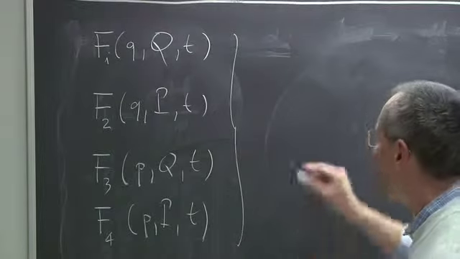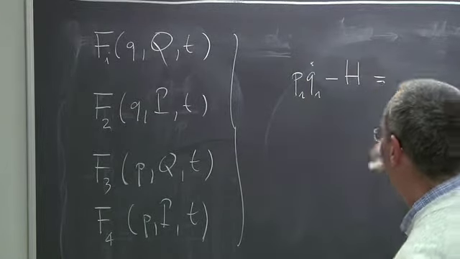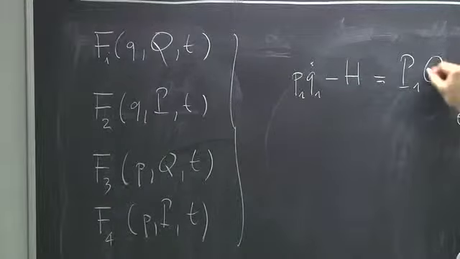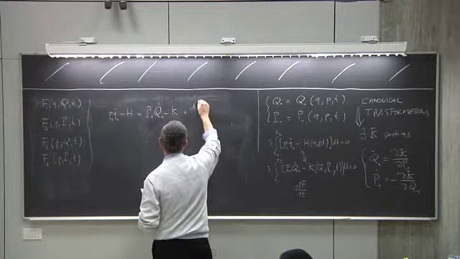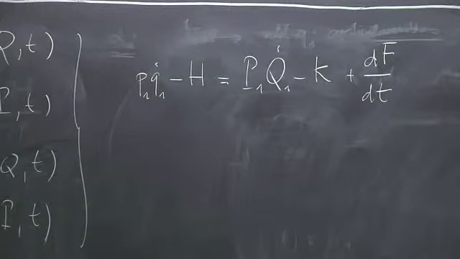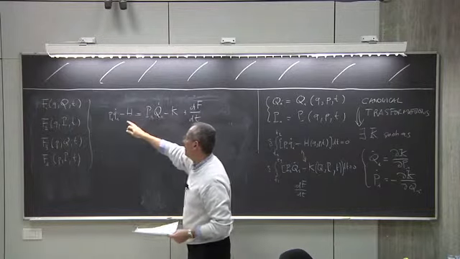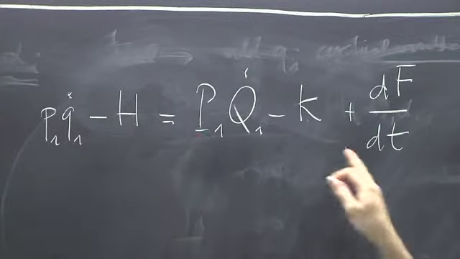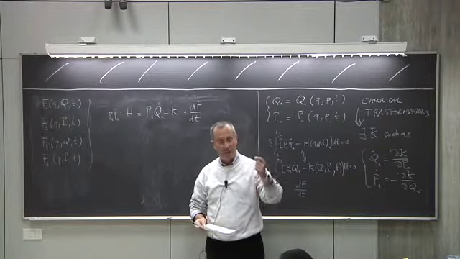Then, as I said, by definition, you have p_i q_i dot minus h equal to big P_i, big Q_i dot minus K plus this total derivative of f with respect to t. So by this requirement that is built into this definition, if I specify which f I have there, I can force this to be true and find differential equations through which I can find my f.